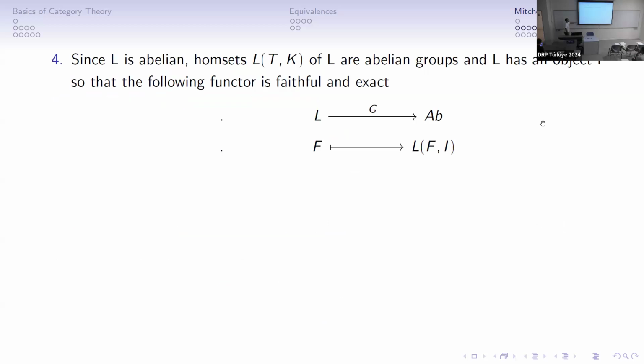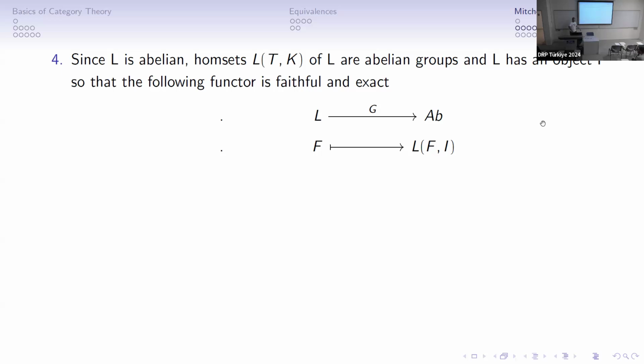Since we have proved L is an abelian category, its hom sets are also abelian groups. We also have to prove that L has an object which is called an injective cogenerator, and it's not trivial to prove. This basically makes this functor faithful and exact.